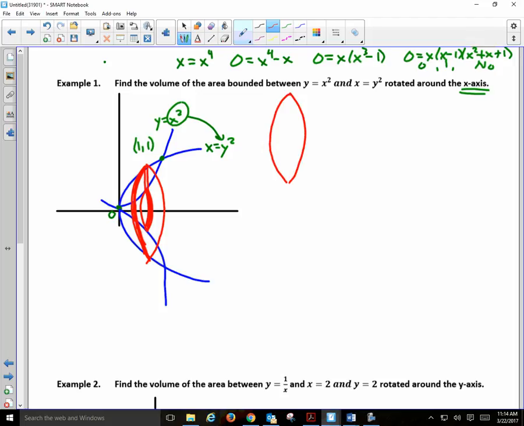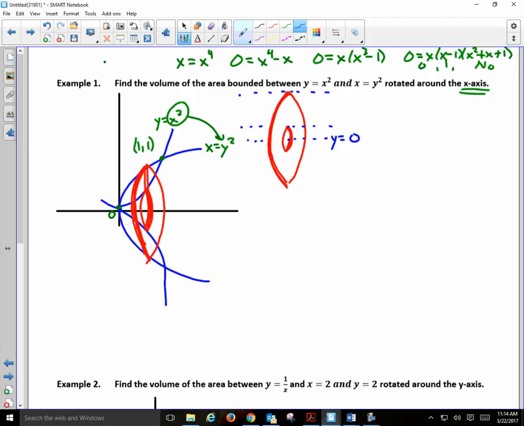I'm going to do my work up here. I'm going to draw my washer up there as well. And I've got the inside of this washer. I've got the center of the washer, and I have the top of the washer. The center of the washer is formed by y is equal to 0.